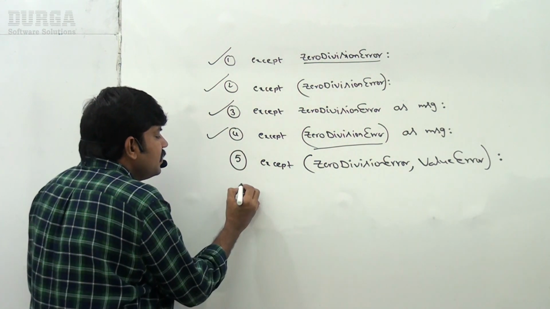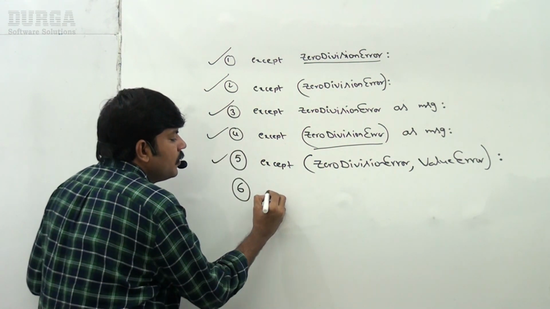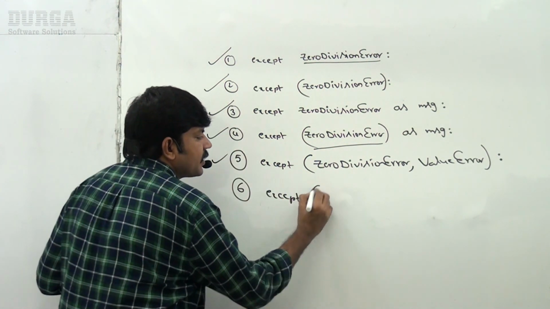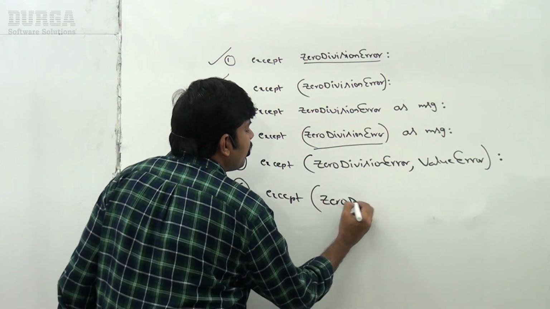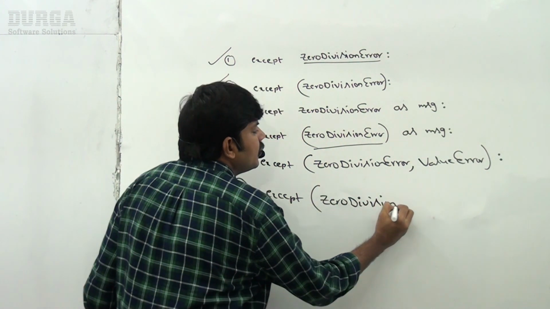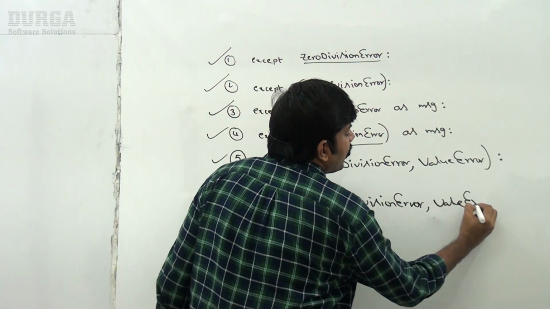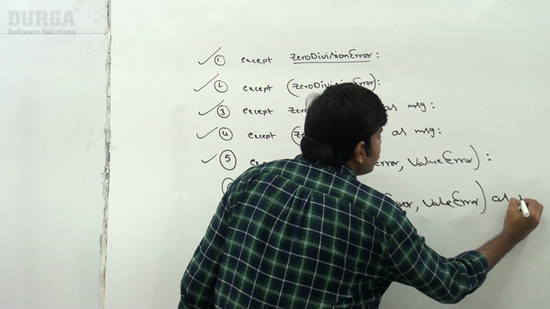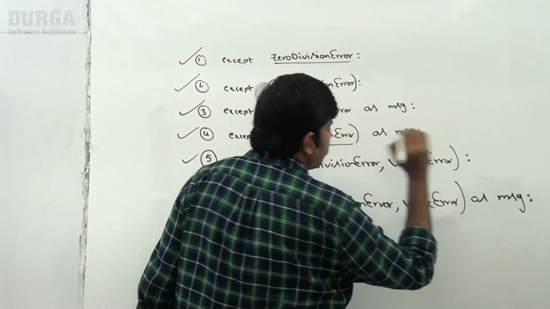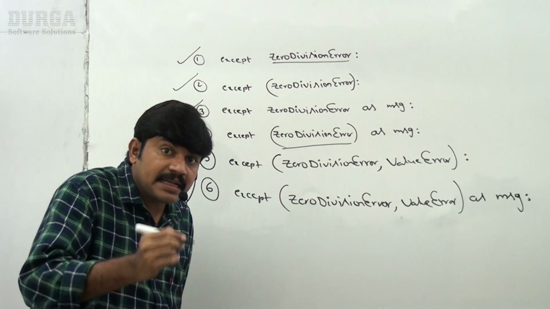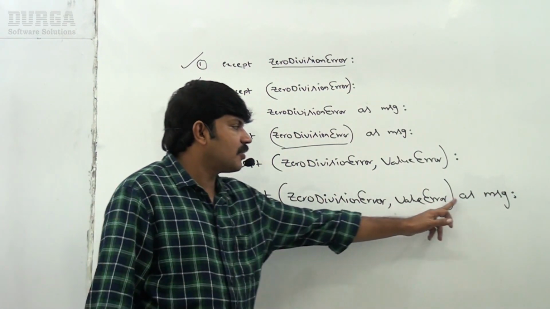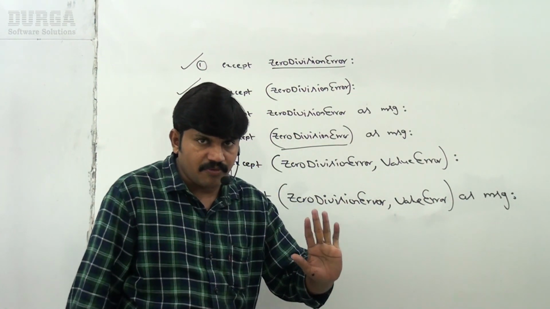Okay, now except ZeroDivisionError, comma, ValueError, as message, like this I'm taking. Sir, if I want to access the exception information also, then automatically we have to take "as message".